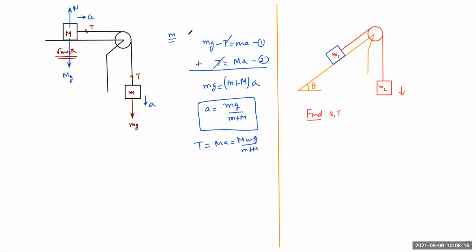So what I'll suggest is that you go back to the concept. Let me reiterate the concept you need to follow. After doing the ABD, the next step is to resolve the forces. You must resolve the forces along the acceleration and perpendicular to the acceleration of each individual block if they are not aligned. If a force is already aligned to the acceleration, leave it.